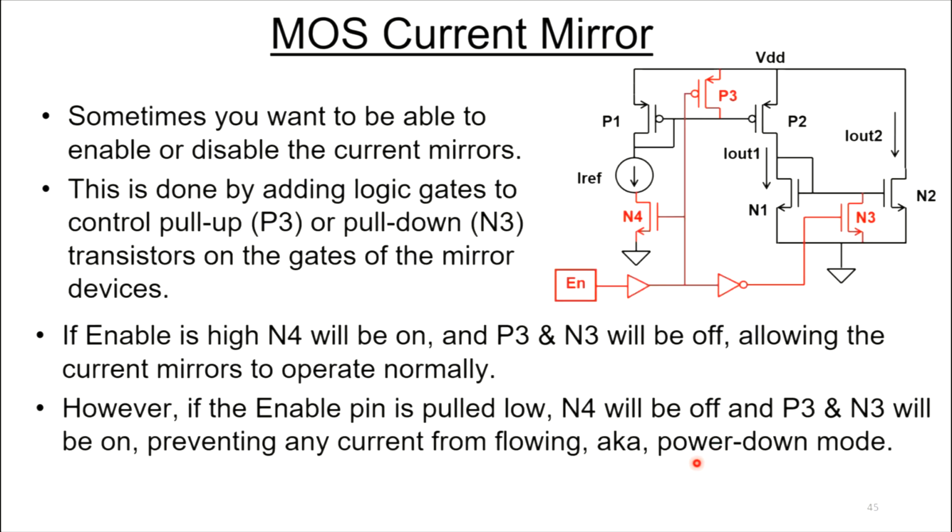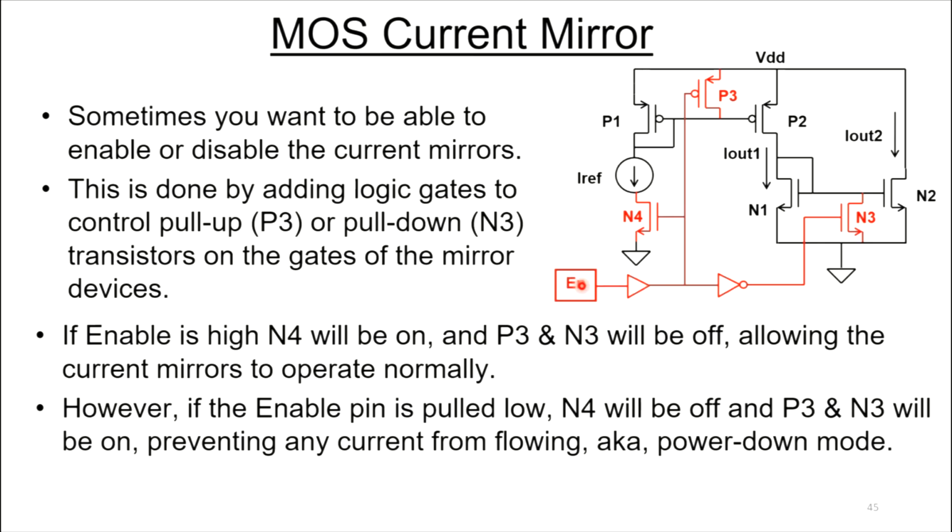Okay, sometimes you want to be able to enable or disable all these current mirrors. And this is done by adding some logic and some pull up, like a P3, or a pull down transistor like N3. So this is the exact same current mirror we looked at before, but now we've added everything in red here that represents enabling or disabling this current mirror.